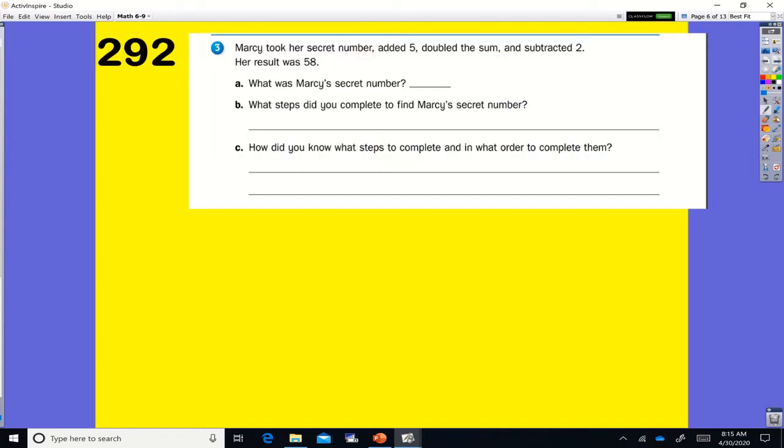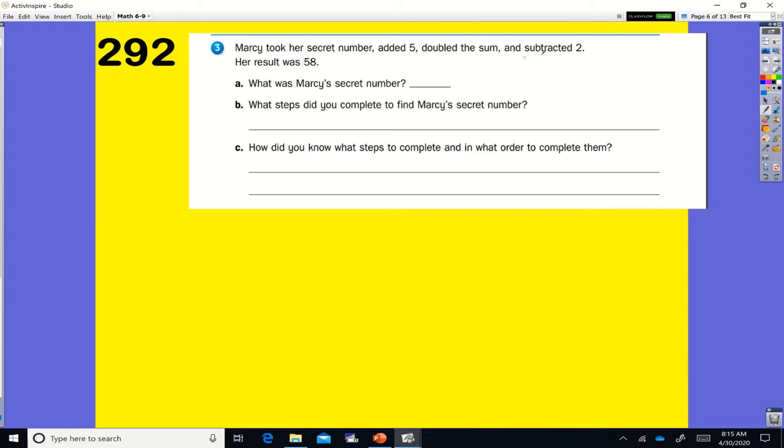Okay, now we're going to put this into play. So Marcy took her secret number, added 5, doubled the sum, and subtracted 2. Her result was 58. What was Marcy's secret number? Now think about this. If we work backwards, we could figure this out. But with that being said, we'd have to do the opposite of what she did.